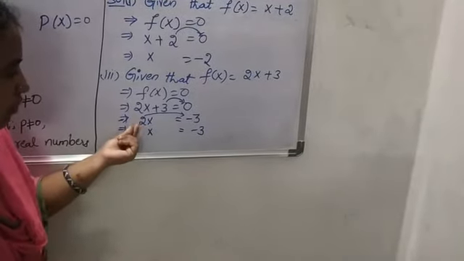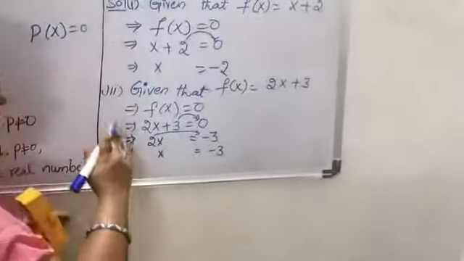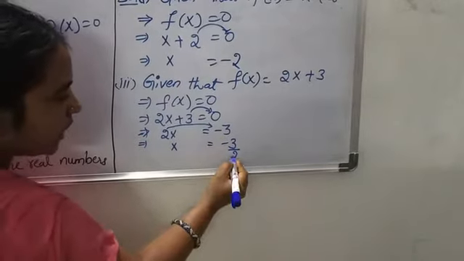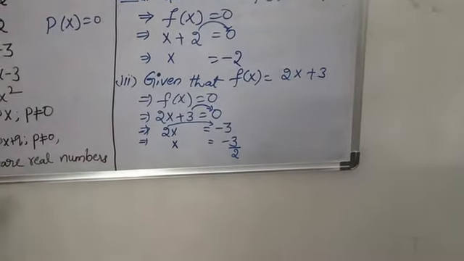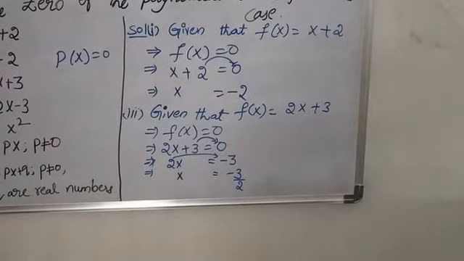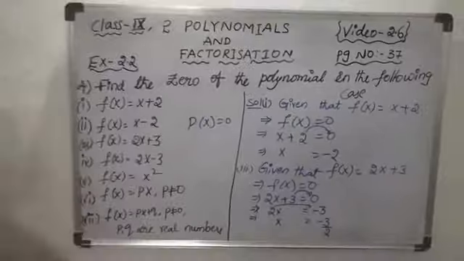The relationship of 2 and x is multiplication. 2x means 2 into x. Into on the other side becomes divided by. So divided by 2. So the 0 of the polynomial is x is equal to minus 3 by 2. Okay children, like this you have to solve all the remaining ones.